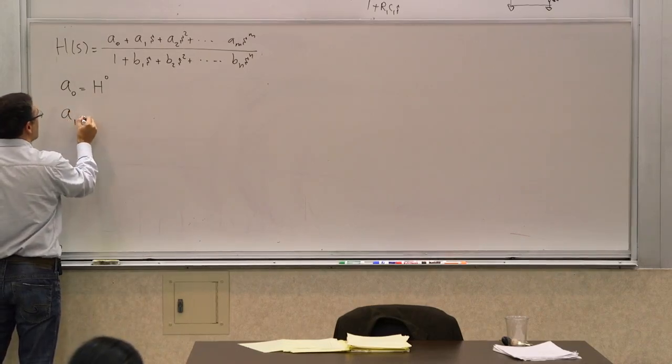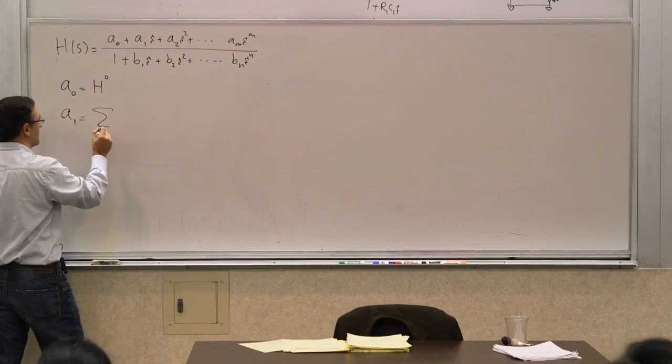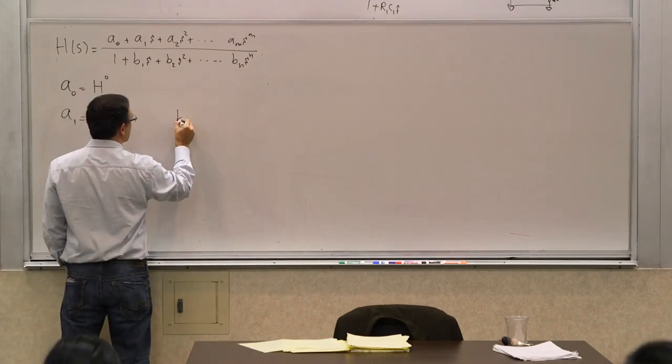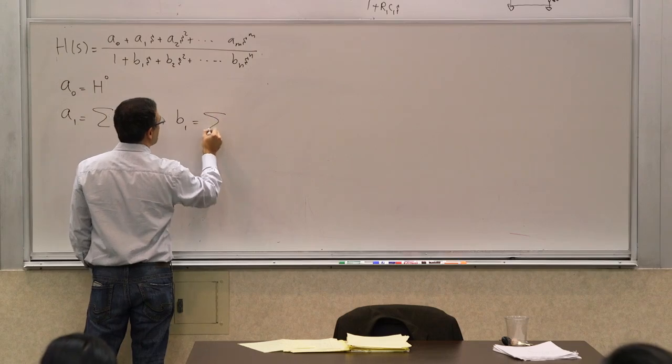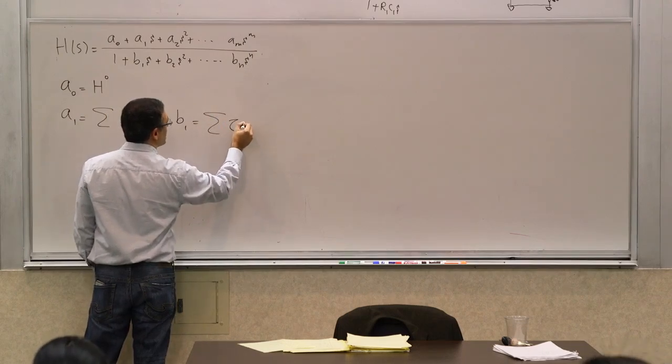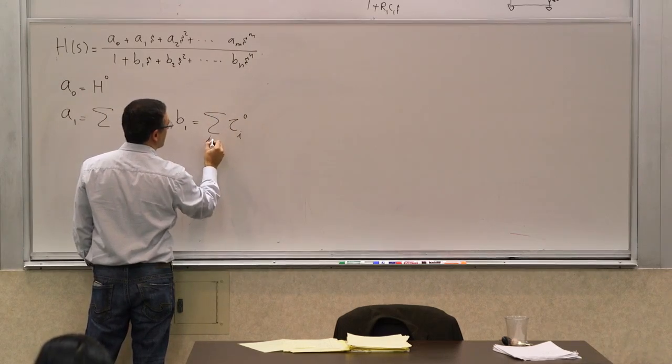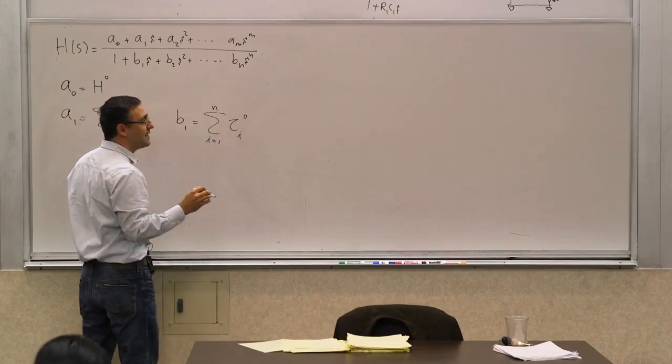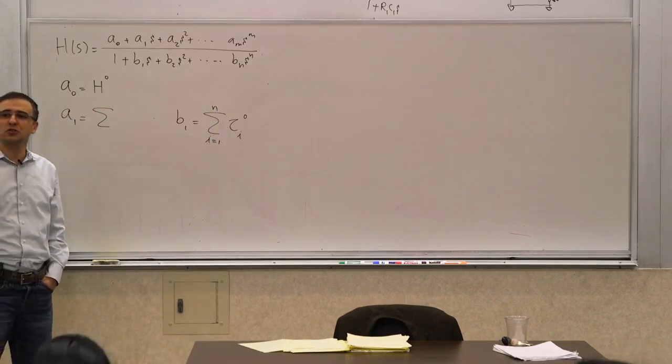Now, A1 is going to be sigma, or let me write the B1s first. B1 is the sum of what we call the zero value time constants. These are the time constants you see across each one of the n elements.